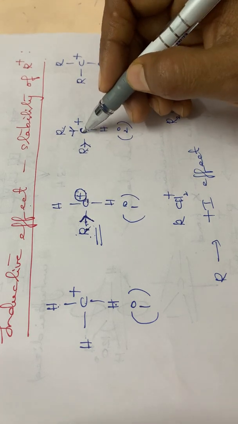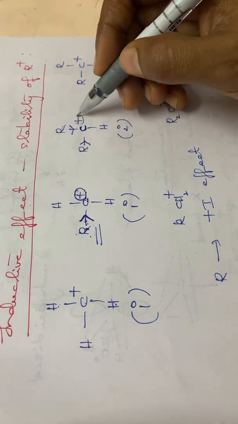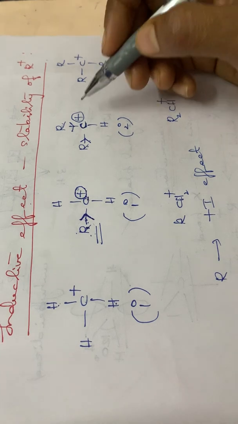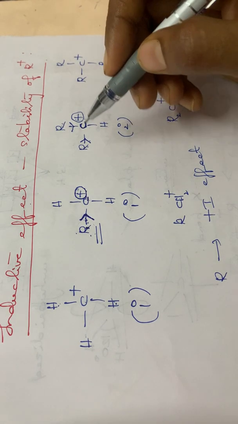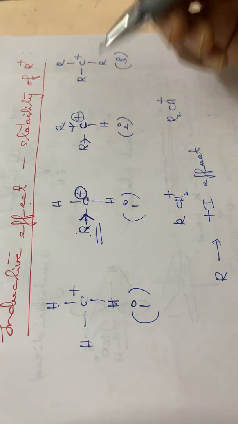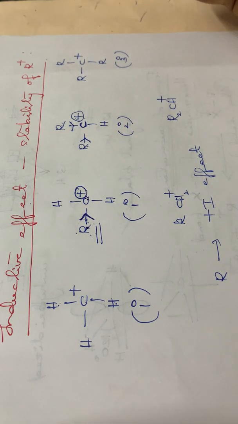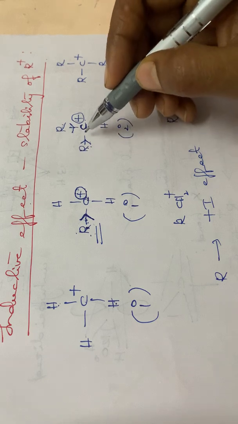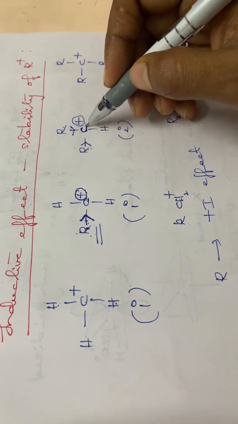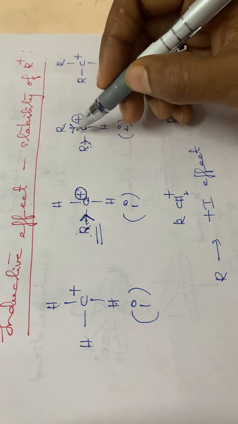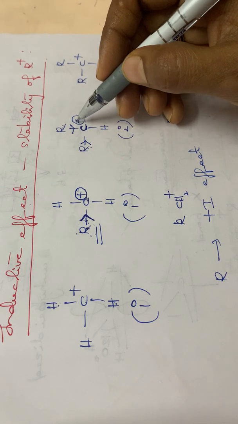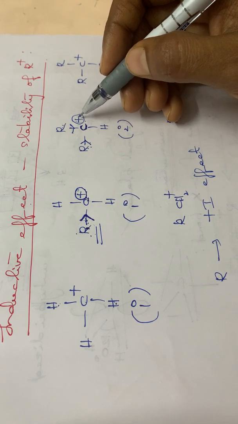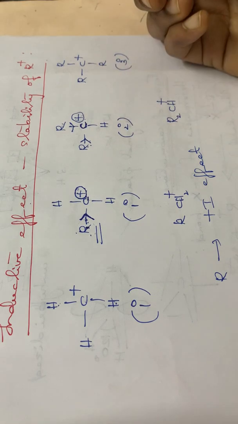So the intensity of the positive charge present on this carbon atom will be further decreased than in the case of the primary carbocation. The electron density towards this carbon atom will be much more increased, so the intensity of the positive charge will be decreased again.